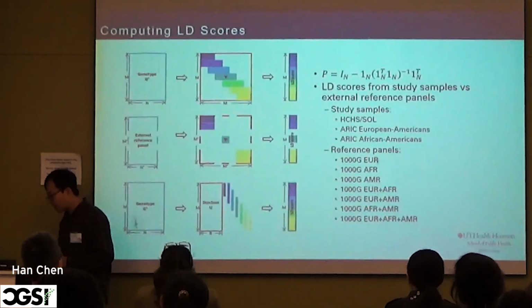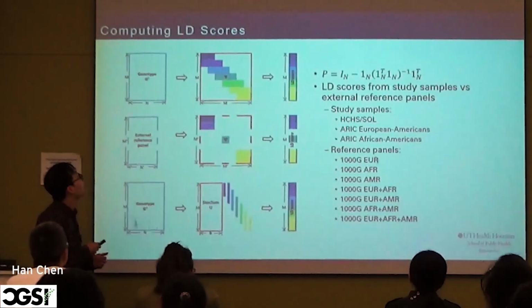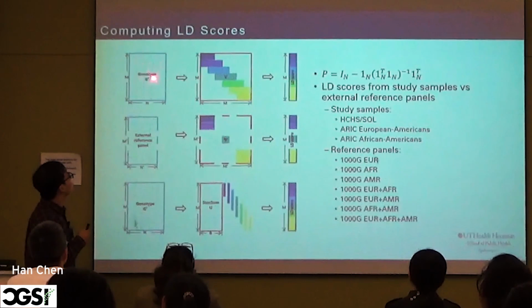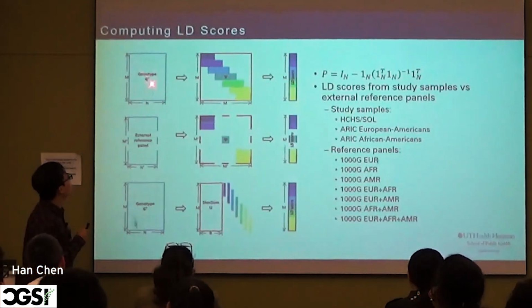Okay, so now I want to switch gear to talk about the second topic, the application where we want to compute the LD scores using stochastic summary statistics. This is the classical way, to compute the LD scores from the study samples.